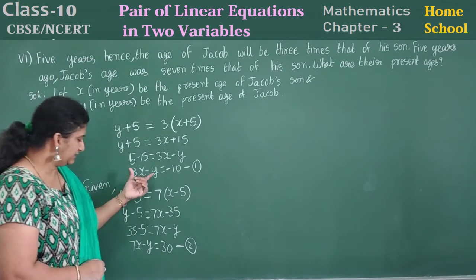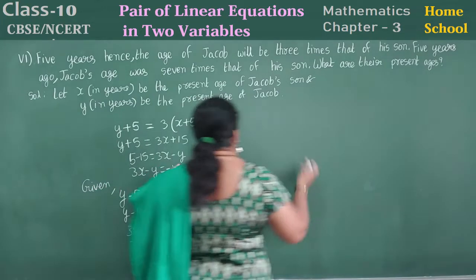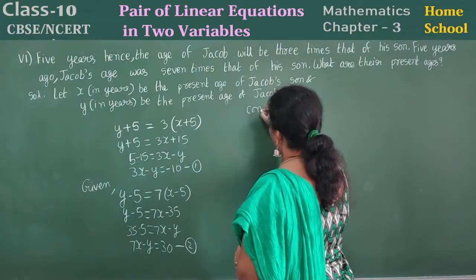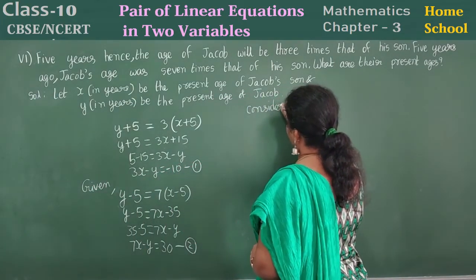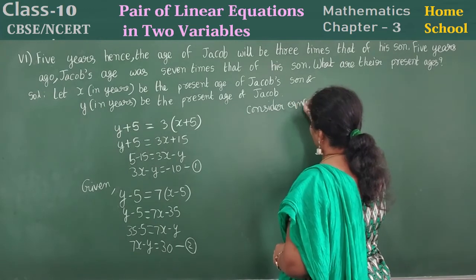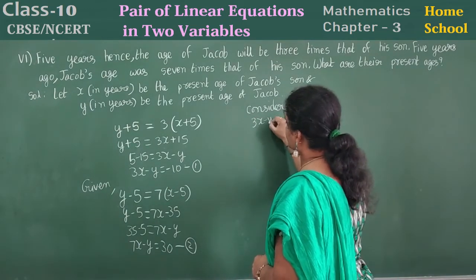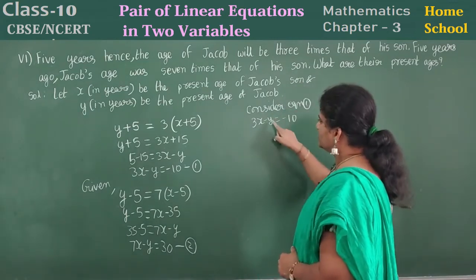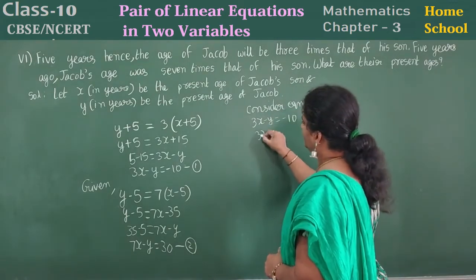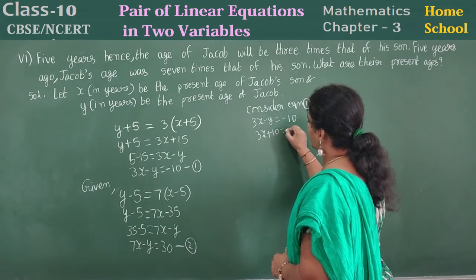Right, let's start. Let me take your equation 1. Consider equation 1, that is 3x minus y is equal to minus 10. So y bring this side, 3x plus 10 is equal to y.